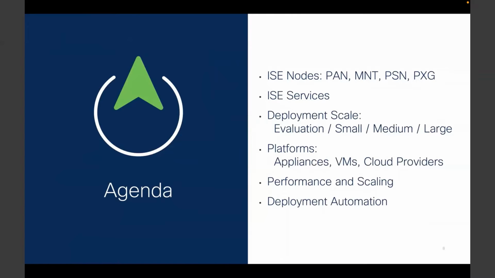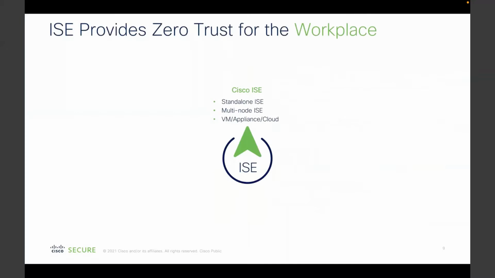And we'll talk about the different platforms available to you, from appliances to virtual machines and even our recent cloud options. And we'll get into some different performance and scaling tips and even how to automate your deployment with some of the really cool APIs and automation tools that we now have available in ISE 3.1. So with that, let's get into it.